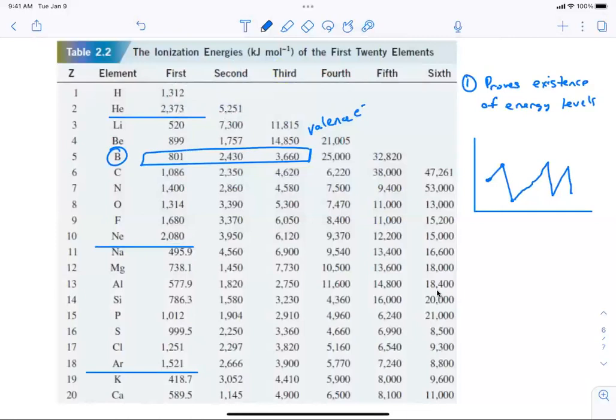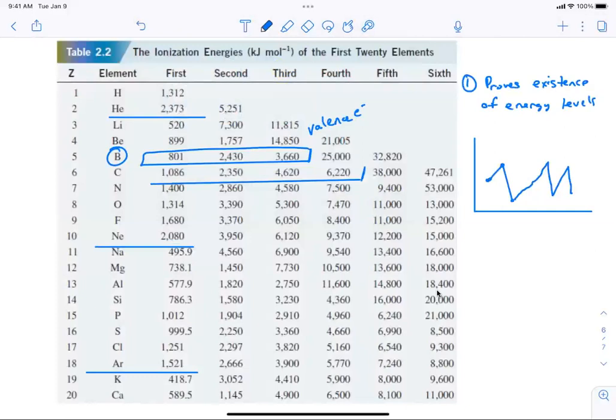Whenever you're given an unknown element and its successive ionization energies, you look for the biggest jump. And all the ionization energies before that are the valence electrons. Carbon, again, the biggest jump is after 4, which means carbon has 4 valence electrons. Questions about that?